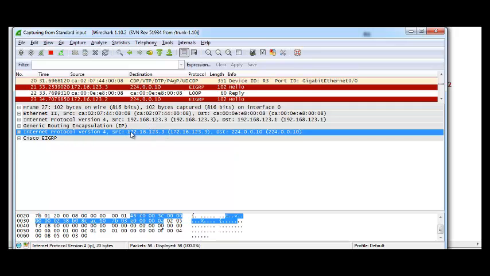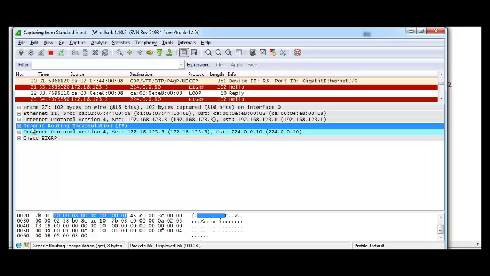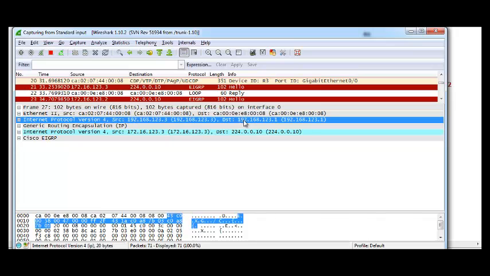From this tunnel interface, packets are sent to the multicast address of EIGRP, correct? Where the multicast packets are sent, you see GRE is there, generic routing encapsulation. On top of it, you have the actual physical source and physical destination. This destination is there because you gave that command.